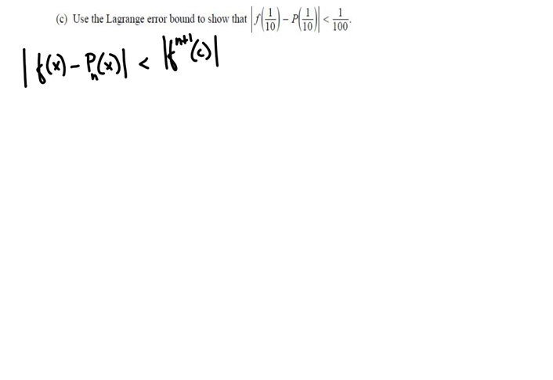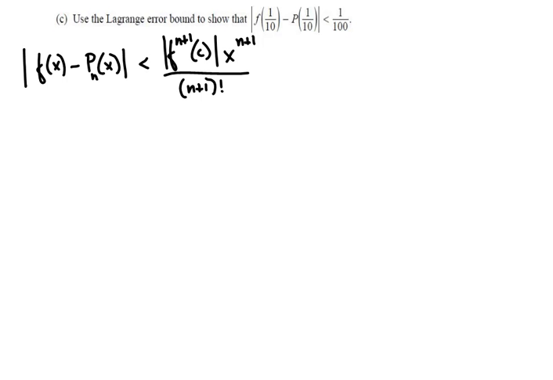has to be less than the absolute value of the n plus first derivative of f evaluated at some value c, divided by n plus 1 factorial times x to the n plus 1.